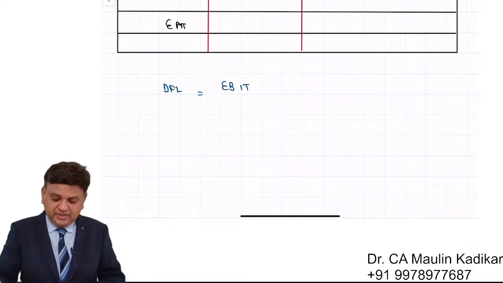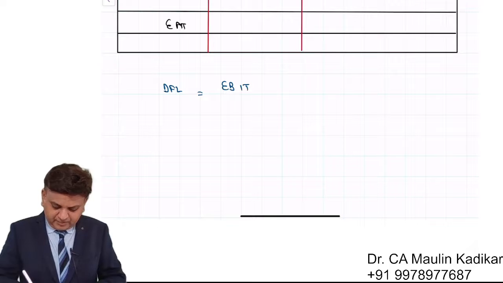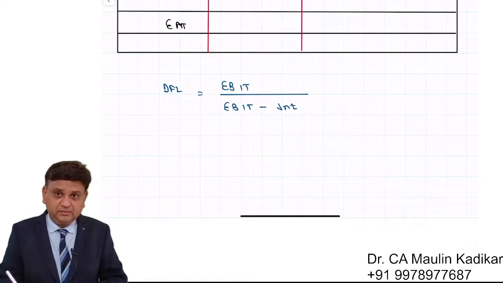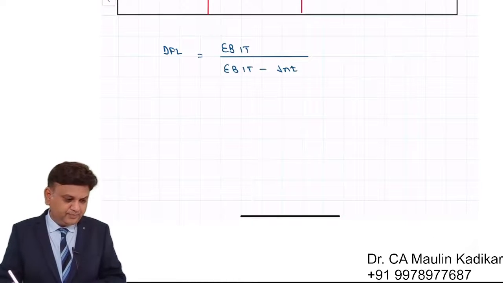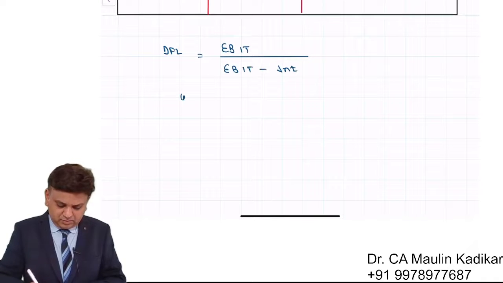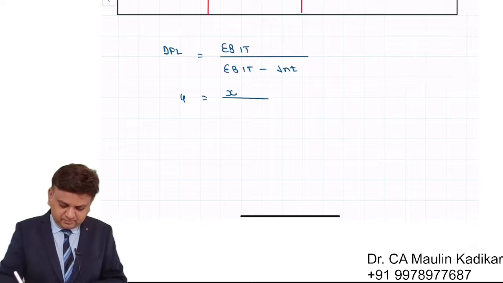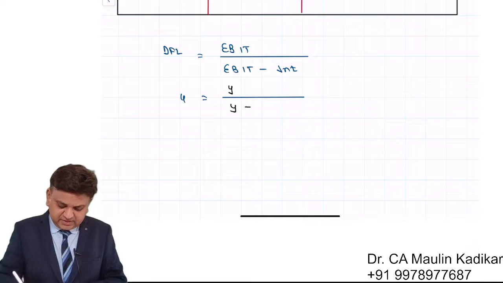So DFL is EBIT upon EBT, that is EBIT minus interest. DFL is 4, let us say EBIT is Y, so Y upon Y minus 3000.